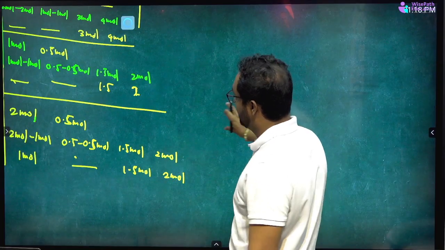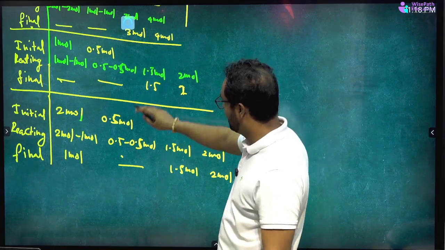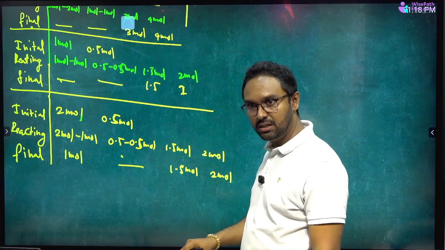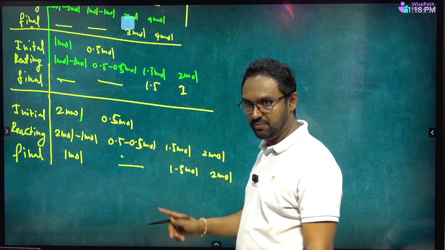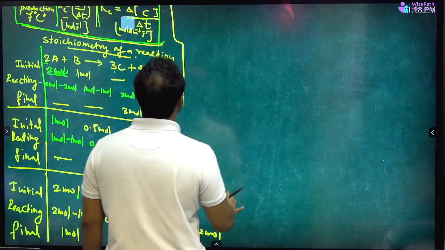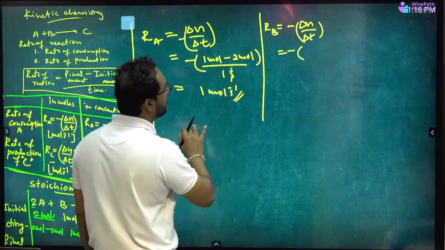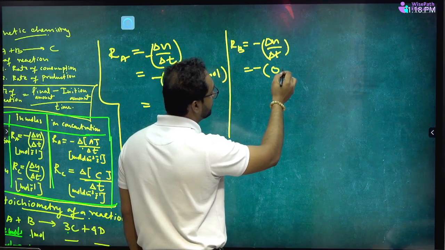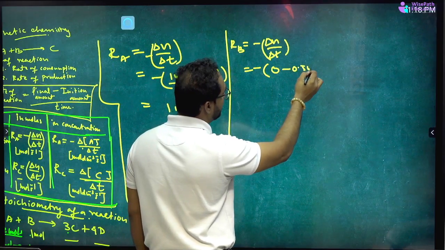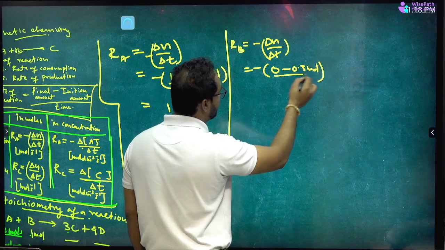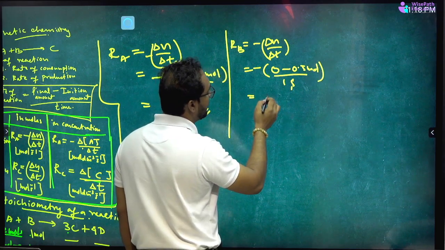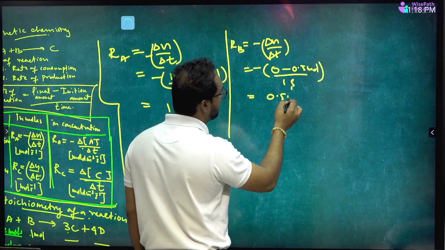Final is 0, initial is 0.5. So final minus initial, right? Final is 0 minus 0.5. Time will take 1 second. So the rate of reaction is how much? 0.5 mole per second.